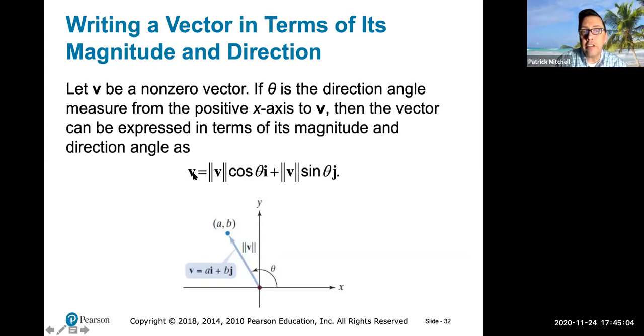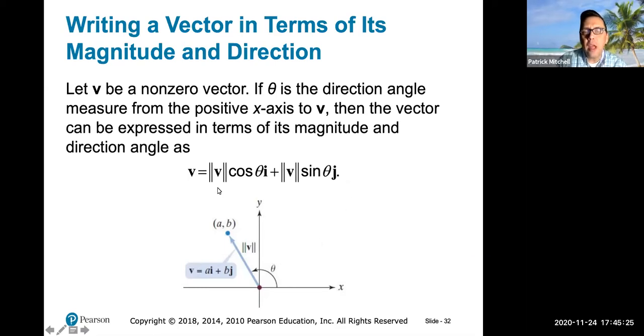All right, so vector v is the magnitude of v times cosine theta i plus the magnitude of v times sine theta j. Okay, so I could convince you of that by drawing a triangle. All right, but I think I'll skip it. All right, you know I wouldn't lie to you.